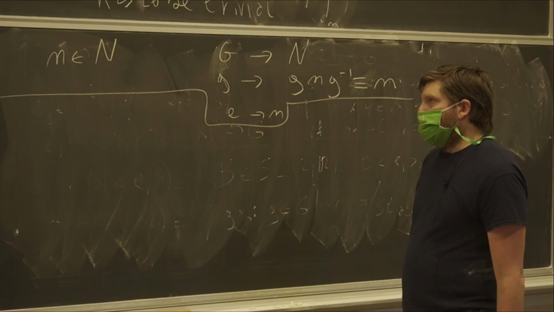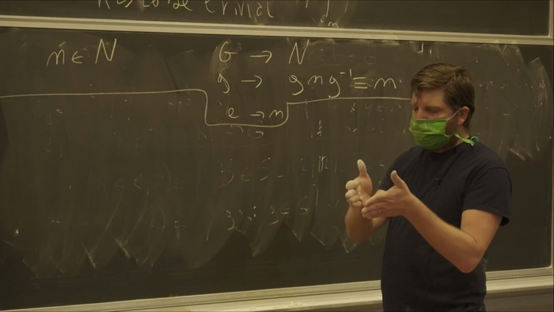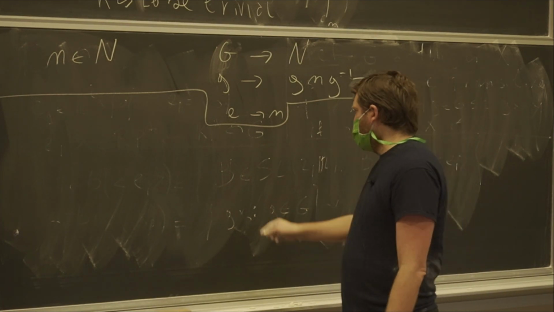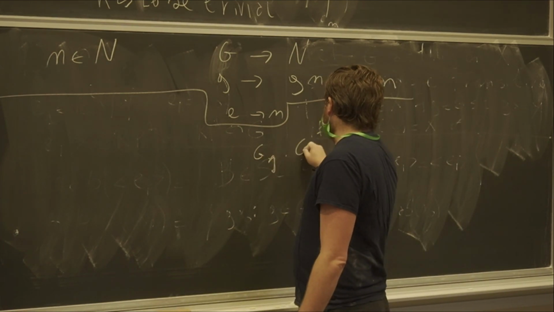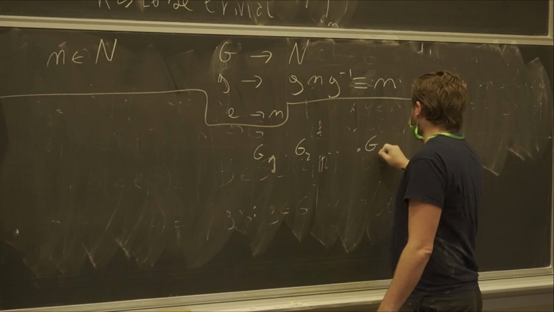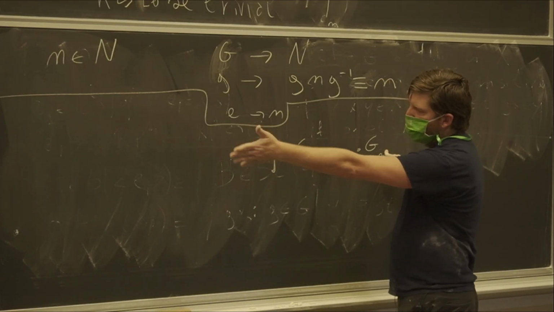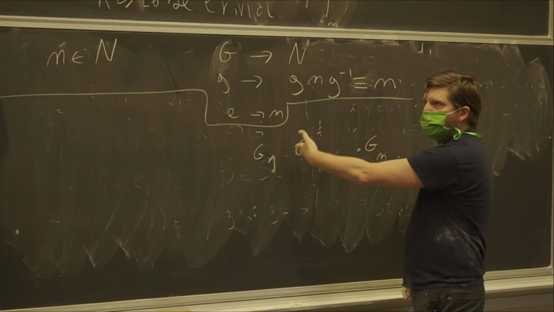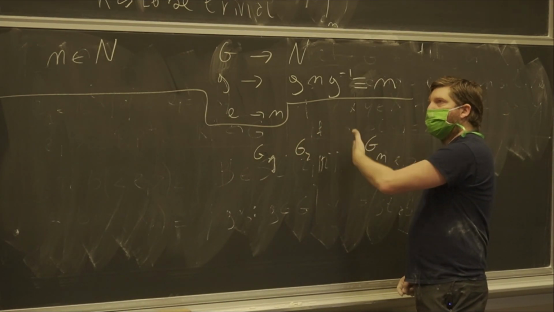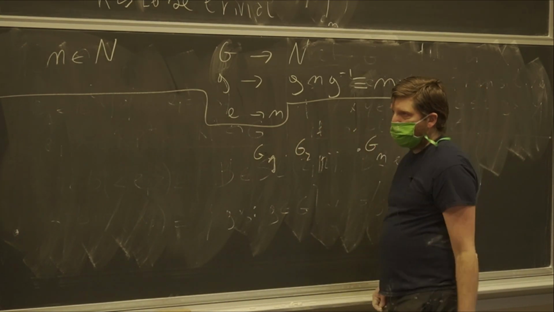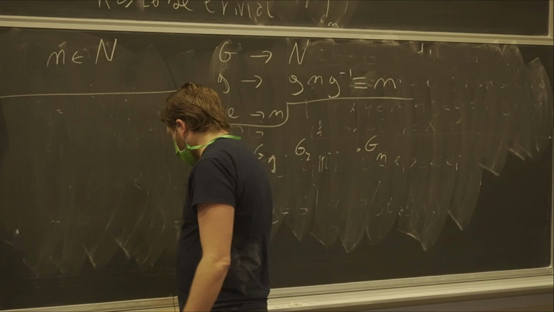And hence each factor in this product, G1 times G2, will be normal, and then the normal subgroups of this product will come from these factors.